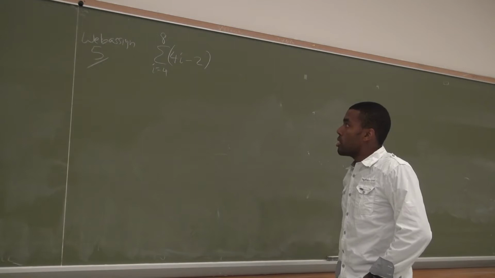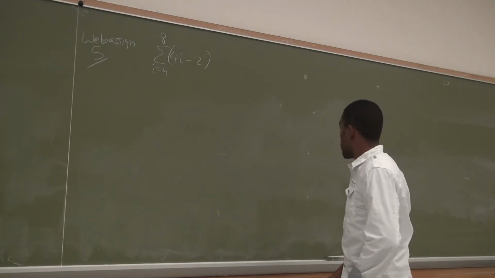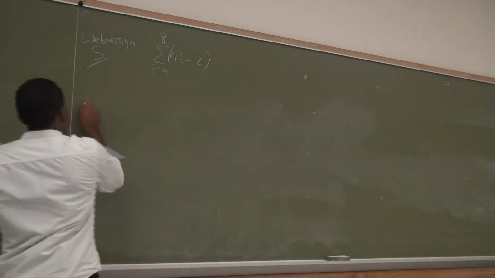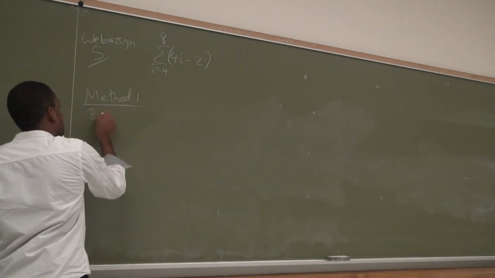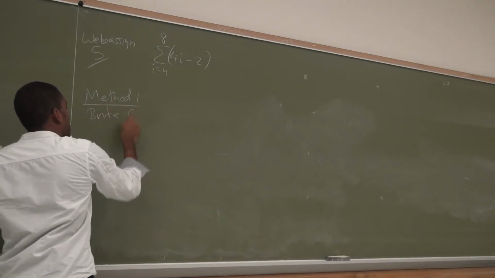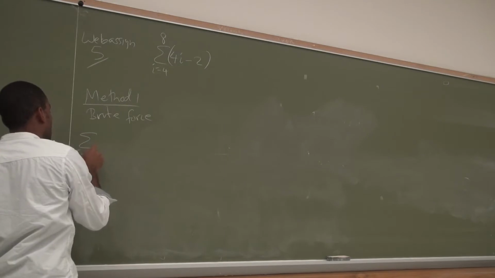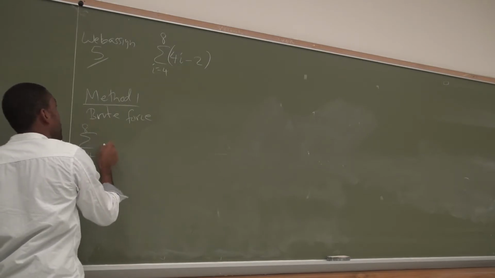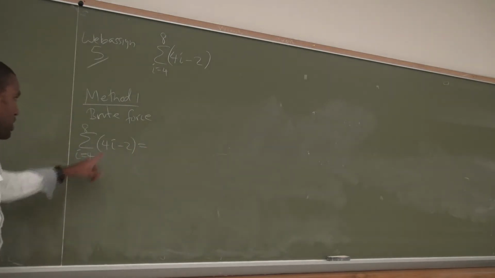So for this one, there are only 5 terms, so you can actually write it out. You could brute force this one. No mercy. You just literally write this out.